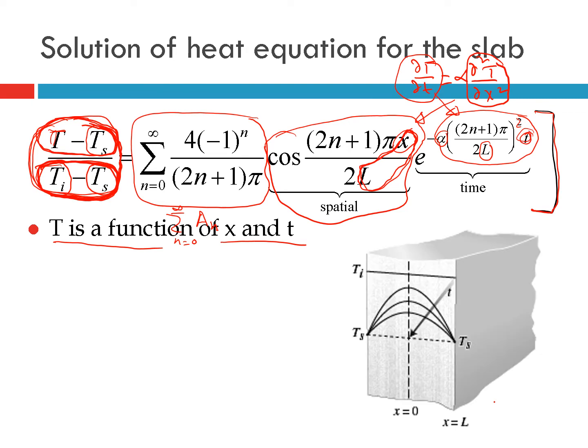If we go back to our slide, T is a function of position, and this function changes with time, depending on what time we're talking about. So it starts from the initial temperature, and then eventually it reaches the boundary temperature.